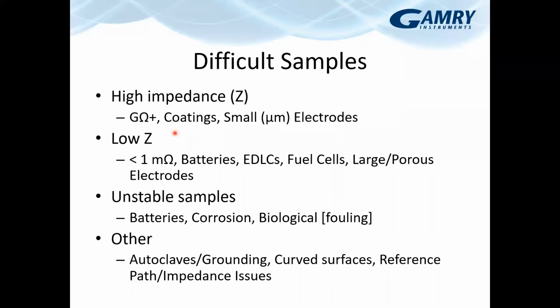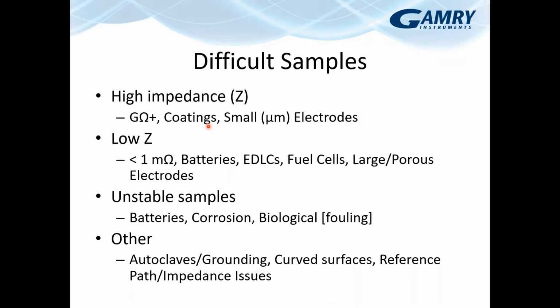Samples that have this level of high impedance are things like coatings, very small microelectrodes. On the other end is low impedance. When the impedance gets low enough, again, there are issues. And for our systems, we tend to mean less than 1 milliohm. You have to have special considerations when you get below an ohm in terms of whether you're just running potentiostatic or galvanostatic EIS.